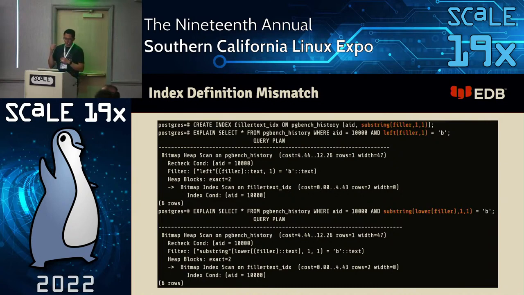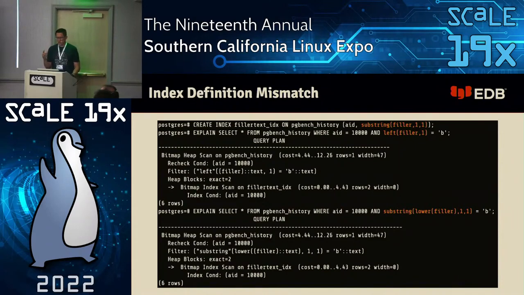One more example is index definition mismatch. So here's my example of an index I created, and I am indexing the AID column and a substring of the filler column. I want the first character. Now, if you look at the following two queries where I actually attempt to use that index, the query planner doesn't use it.